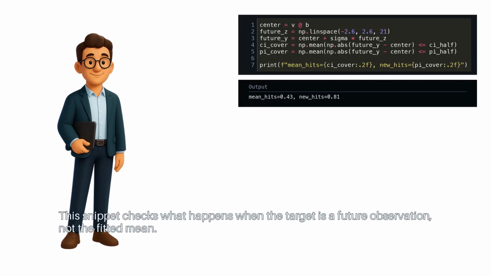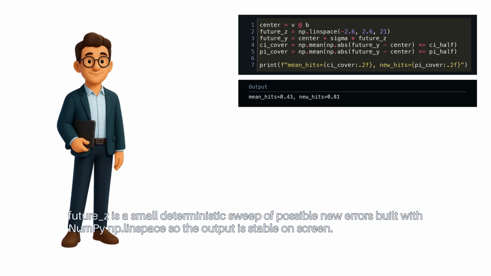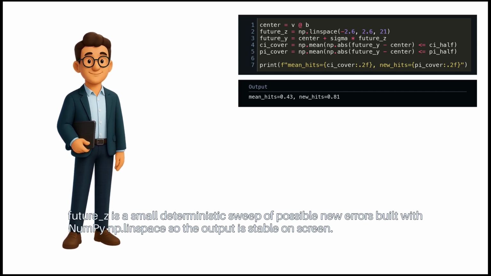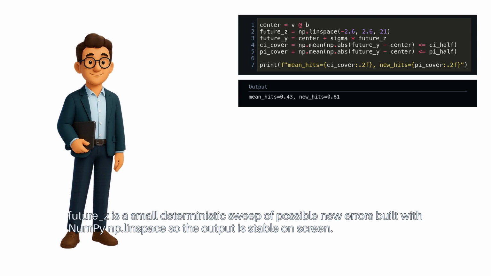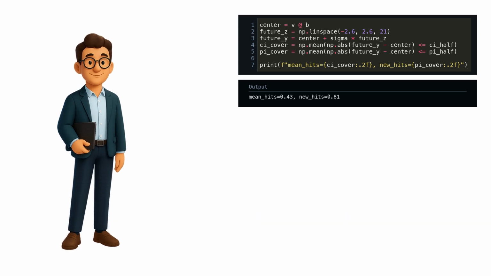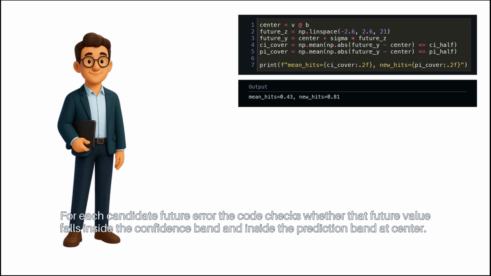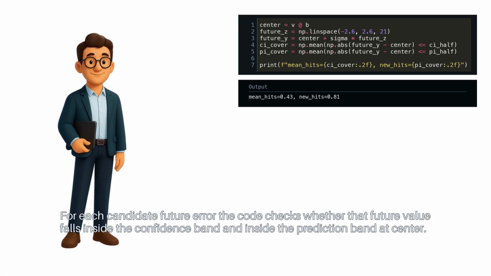This snippet checks what happens when the target is a future observation, not the fitted mean. Future Z is a small deterministic sweep of possible new errors built with NumPy np.linspace, so the output is stable on screen. For each candidate future error, the code checks whether that future value falls inside the confidence band and inside the prediction band at center.